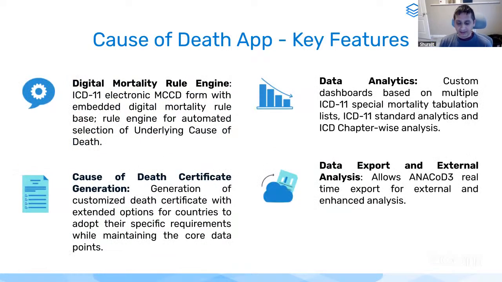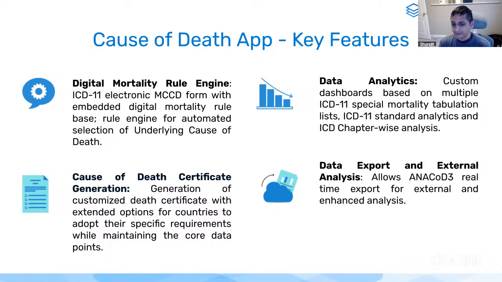We also use a digital mortality rule engine. On top of connecting to the dictionary, we are also able to use a service provided by WHO to classify or select the underlying cause of death based on the various causes that you've entered in your medical certificate of cause of death form.